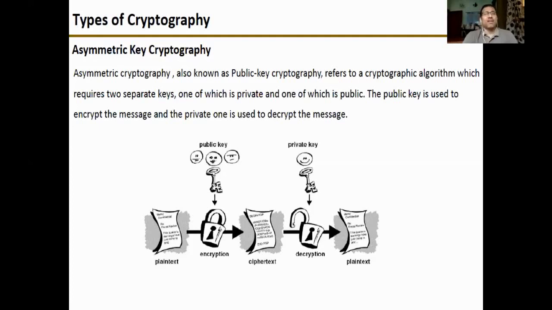People have found that this way of operation also takes away the need for a very secure channel for communicating the key. That's why asymmetric key or public key cryptography is very, very common and familiar nowadays.